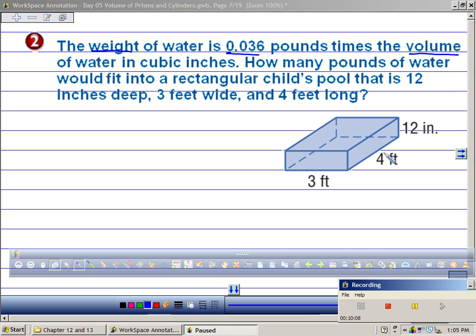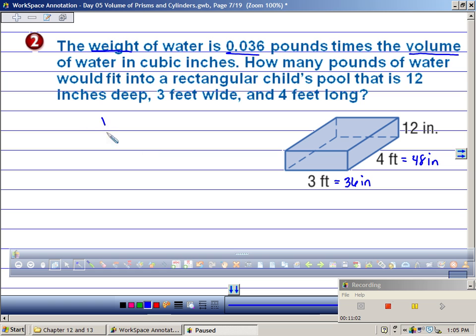Read the problem again. They want it in cubic inches, so you've got to change it to inches. So 4 feet is how many inches? 48. 3 feet is how many inches?